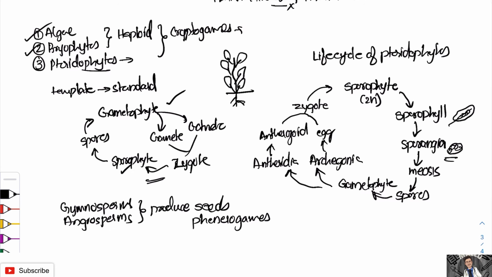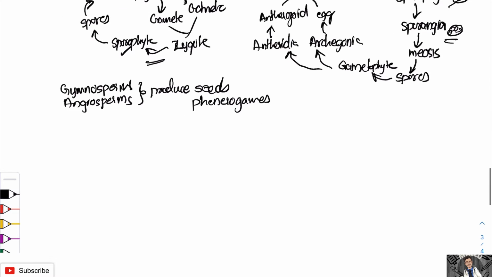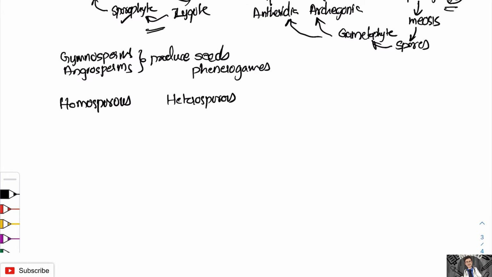When moving from pteridophytes to gymnosperms, some members of the pteridophytes show this seed-producing habit, or heterospory. So we have two terms: homosporous and heterosporous. What does this mean? Homosporous means they produce a single type of spore, which means there is no differentiation between male and female spores.